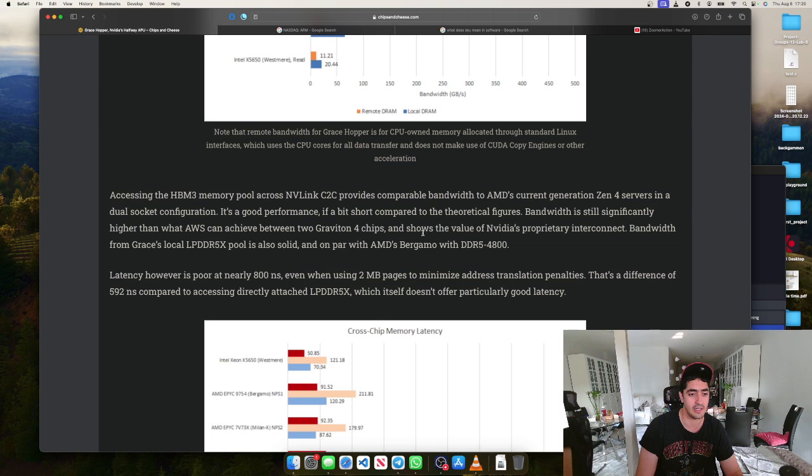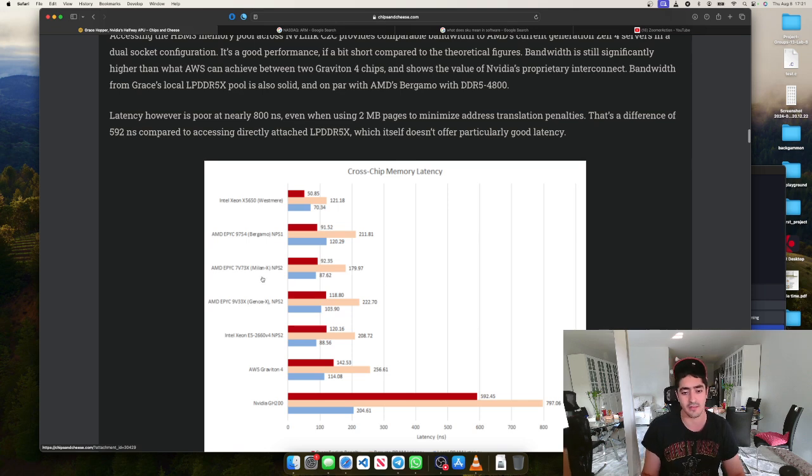Latency, however, is poor at nearly 800 nanoseconds, even when using 2 megabyte pages to minimize address translation penalties. That's a difference of 592 nanoseconds compared to accessing the directly attached LPDDR5X, which itself doesn't offer particularly good latency.